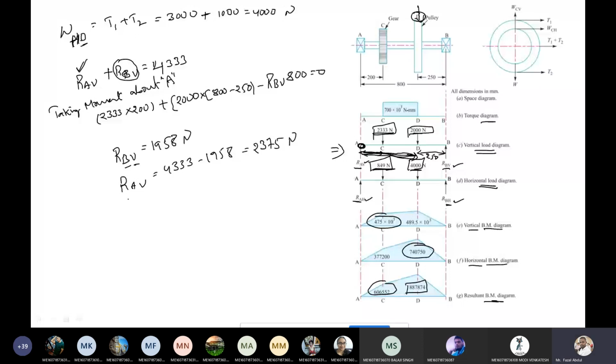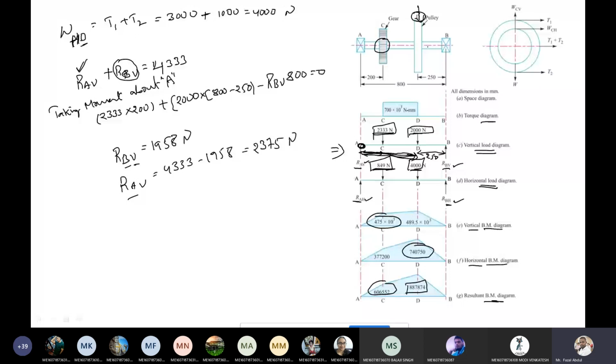Now the bending moment. The shaft is going to be subject to bending because two parts are mounted on the shaft: one is the gear, one is the pulley. Because of the presence of these two, the shaft is going to bend at this point.